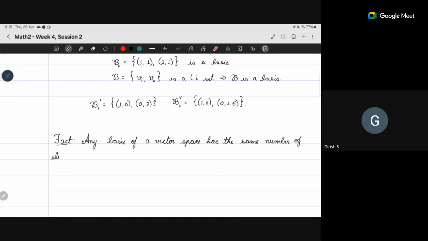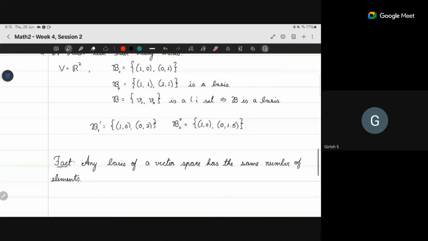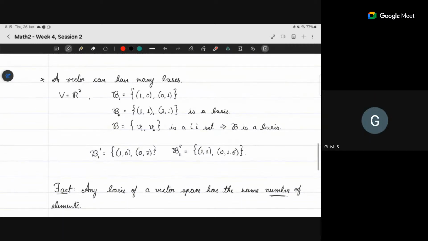See, this is slightly wrong because there are infinite dimensional vector spaces, but in this course, you'll be dealing only with finite dimensional vector spaces, meaning every vector space that you will be working with will have a basis which is finite. Infinite dimensional vector spaces are not part of this course. That's why I'm just using number.